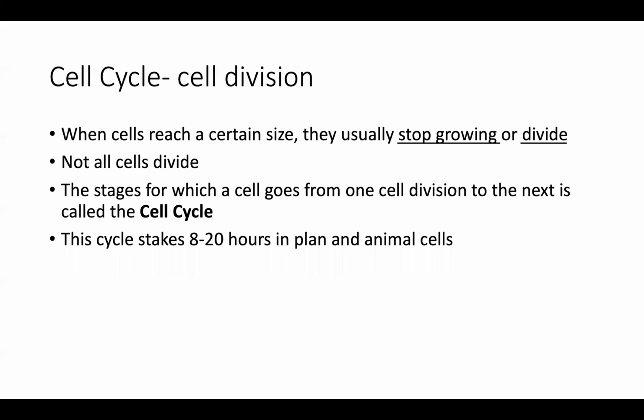Some of them are simply going to die. But the stages by which a cell goes from one cell division to the next are called the cell cycle. The cell cycle is how we go from one cell to 2 new cells being generated. This cycle can take anywhere from 8 hours to 20 hours in plants and animals. It just depends on the organism.